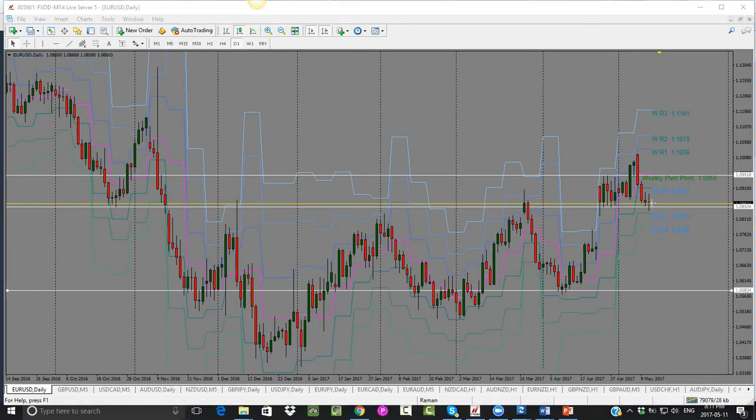So we are looking for one of these: price pushes up, and then we drop. The first target will be right over here, which is a 107.80 level, which is also our weekly S3 level from a pivot point perspective.